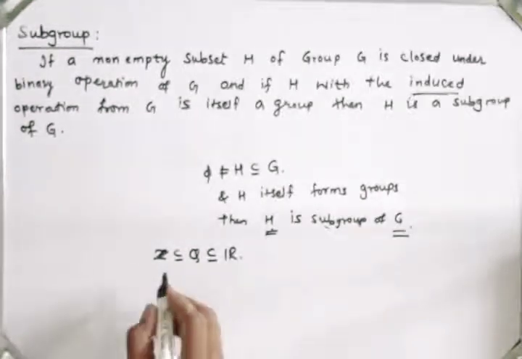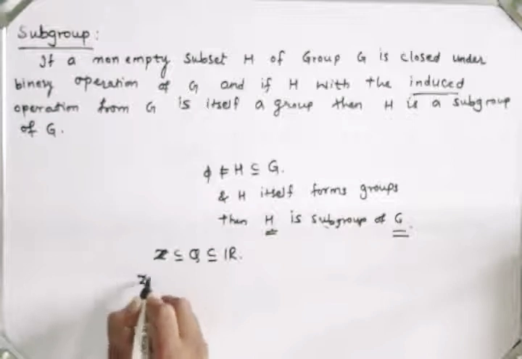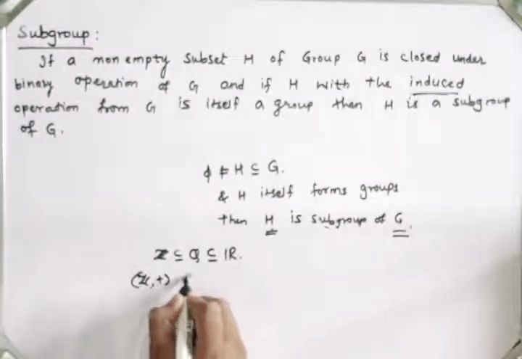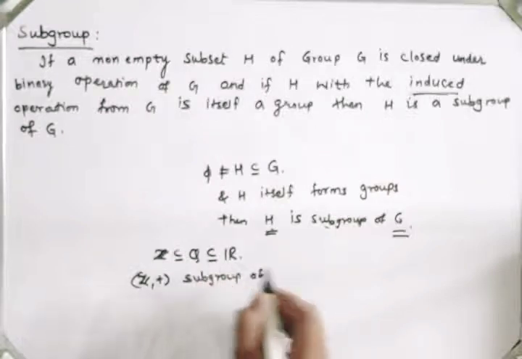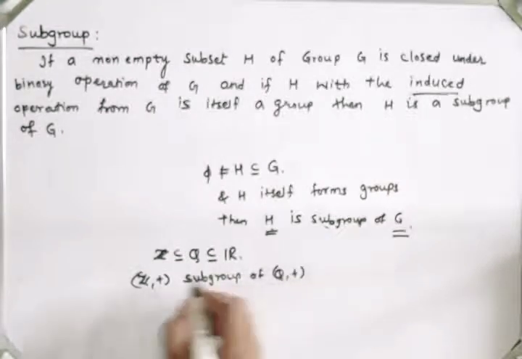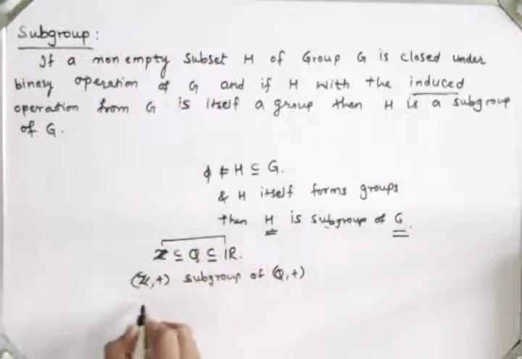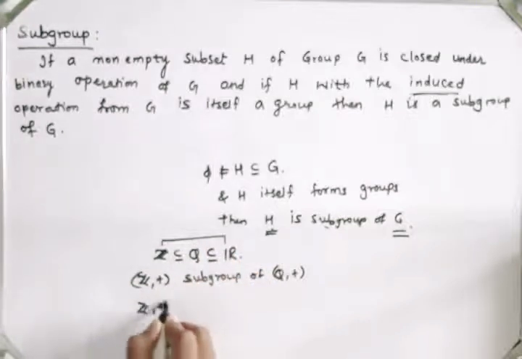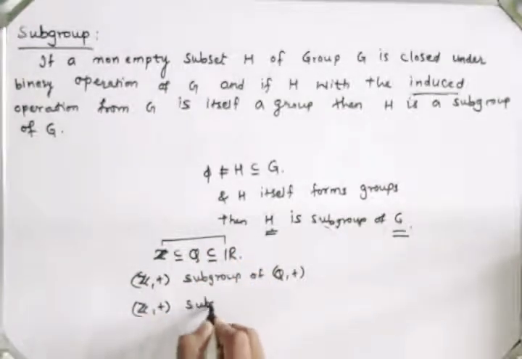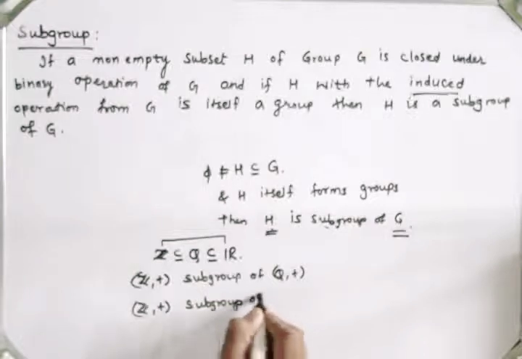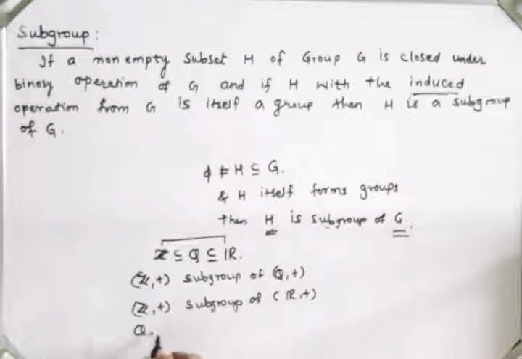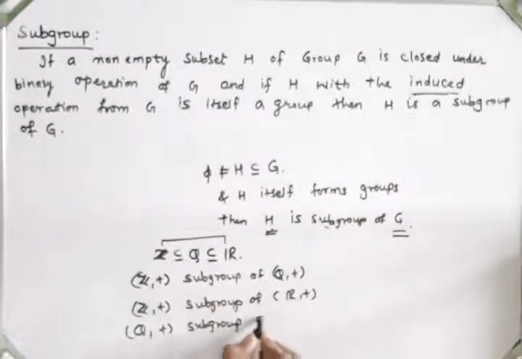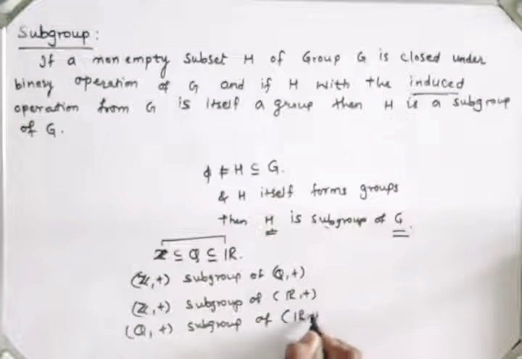So I say that the set of integers under addition is a subgroup of the rational numbers under addition. Next, the set of integers under addition is a subgroup of the real numbers under addition. Next, Q under addition is a subgroup of R under addition.